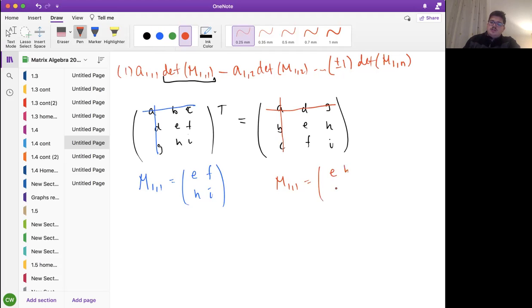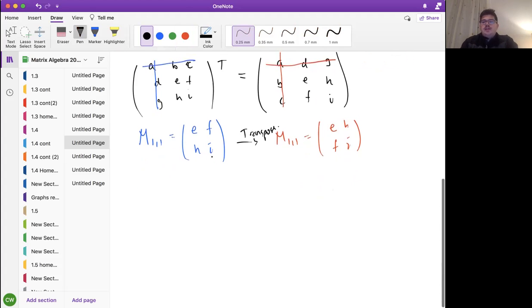Yeah, E, H, F, I. So this is in the transpose. How are the determinants related? What's the determinant of M11? Equal, yeah. EI minus FH. And then the determinant of M11 here is EI minus FH.